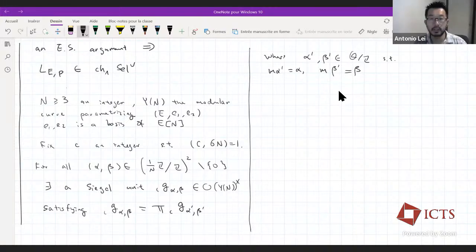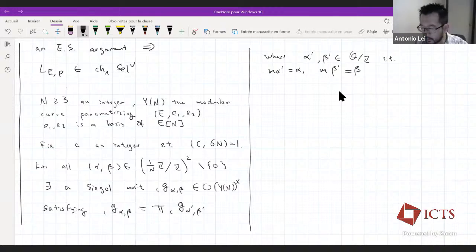So a product of these different Siegel units gives you another Siegel unit, and as you can imagine, this norm relation resembles a little bit what we are looking for in an Euler system. So you can imagine these units are useful for constructing an Euler system.